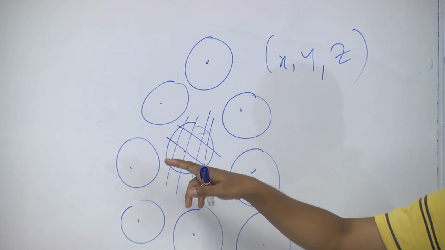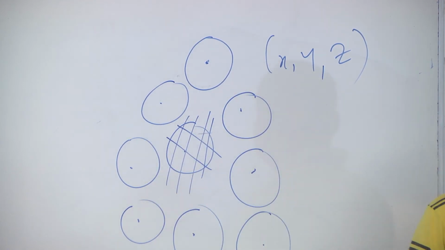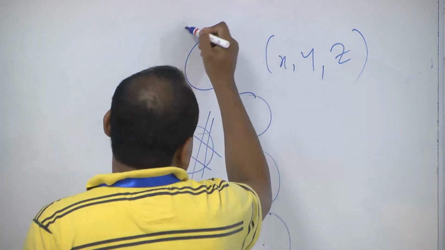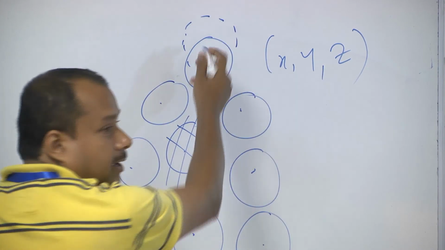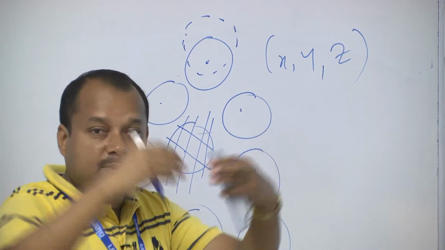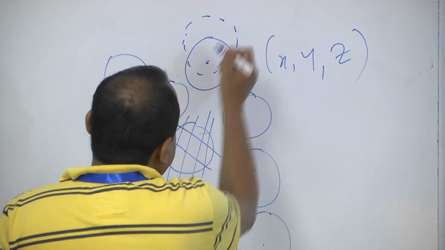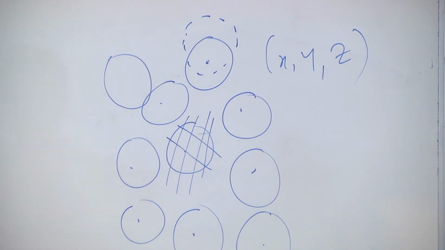That is one point. Another point is that although these are points, I cannot say that this is from red and this is from blue. When two molecules interact, if they are not like this, then there will be a clash, as if one atom is trying to penetrate another.